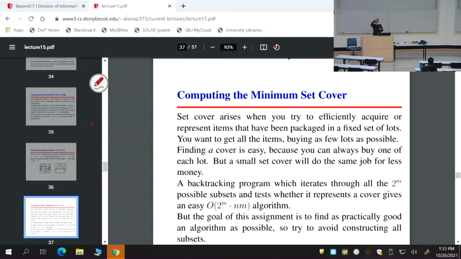What you will discover when you write your programs is that on a small example, it goes instantly. On a slightly larger example, it goes instantly. On a slightly larger example, it goes instantly. On a slightly larger example, it stops and dies. It seemingly takes forever.